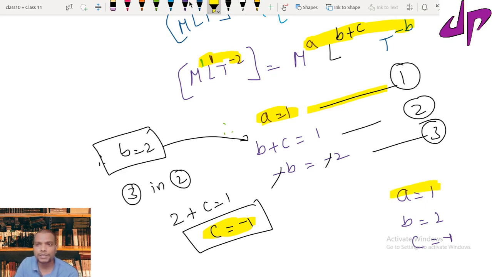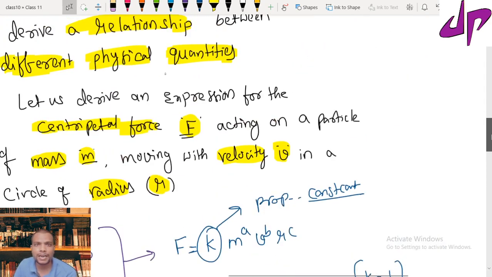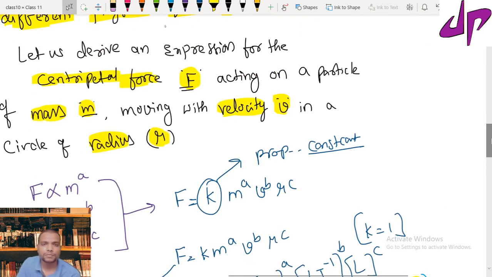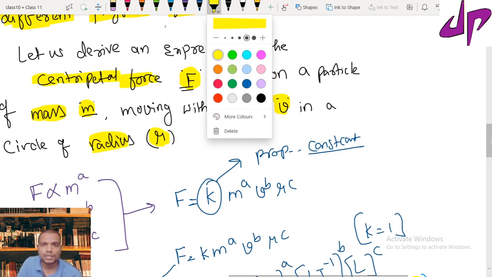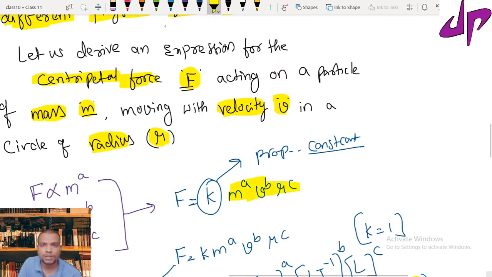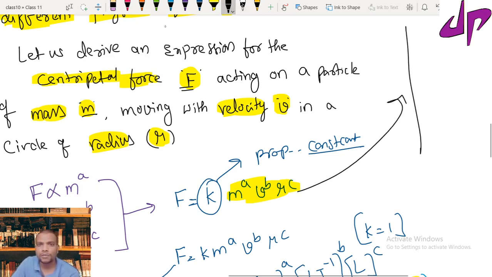Now these corresponding values, if I substitute them in the standard equation which I have taken, this is the standard equation. If you substitute those values here, the formula changes.